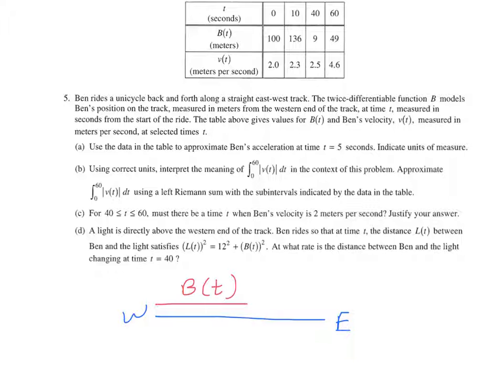You know what B is at t equals 40, because that's on your table, and then you use that to determine what L would be at t equals 40. You already know what B prime of t is at 40 as well, because B prime of t is the velocity at t.